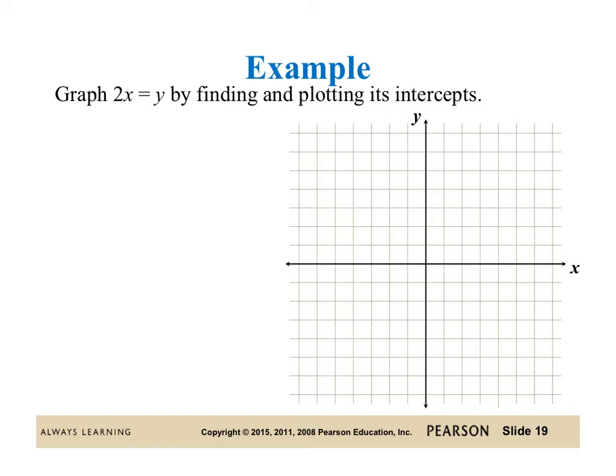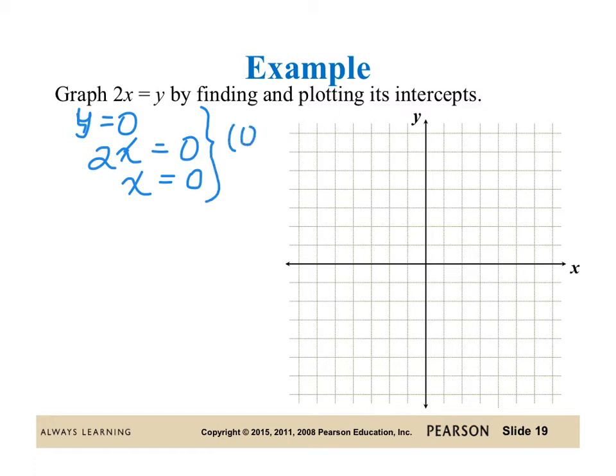So here, I'm going to start off by letting y equal 0, as I did before, which means I have 2x is equal to 0. And that means then that x is 0 over 2, which is 0. So it would seem that my x-intercept is 0, 0.